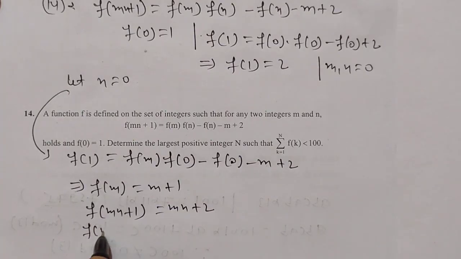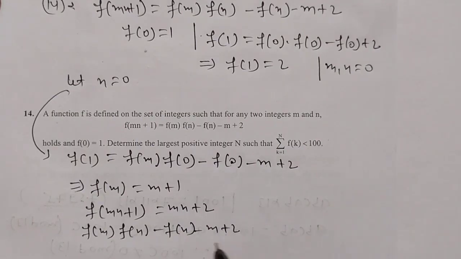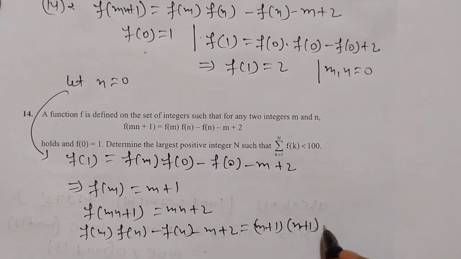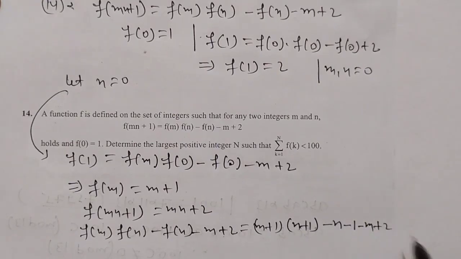Now f(m) into f(n) minus f(n minus m) plus 2 is equal to m plus 1 into n plus 1 minus n minus 1 minus m plus 2.